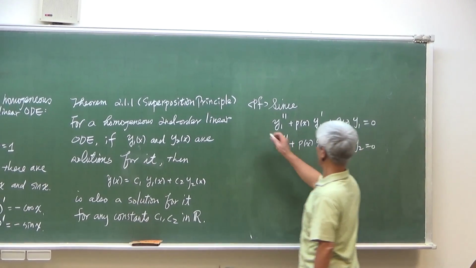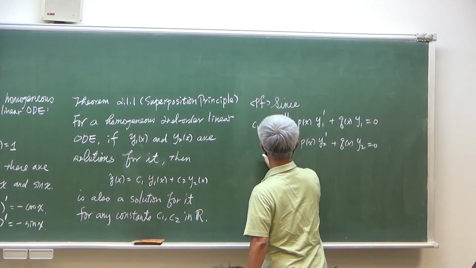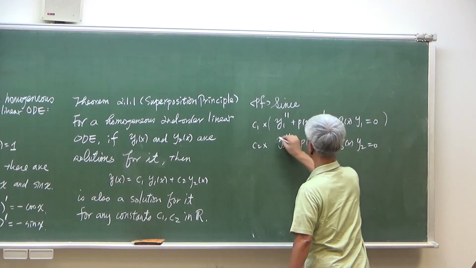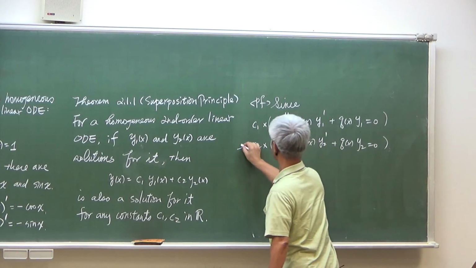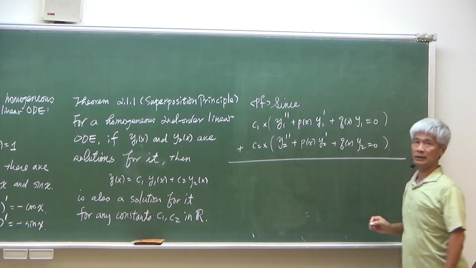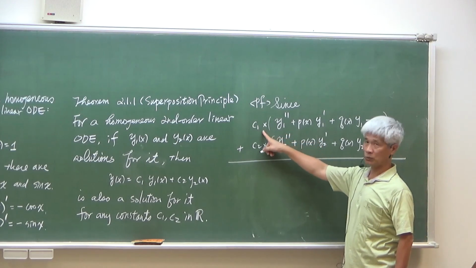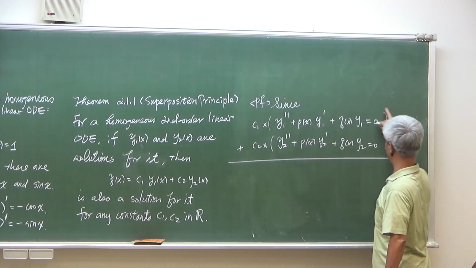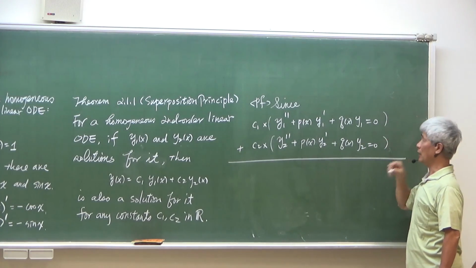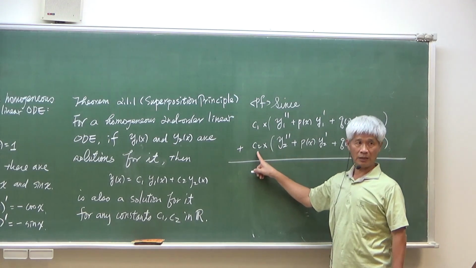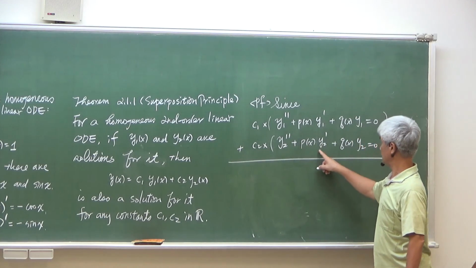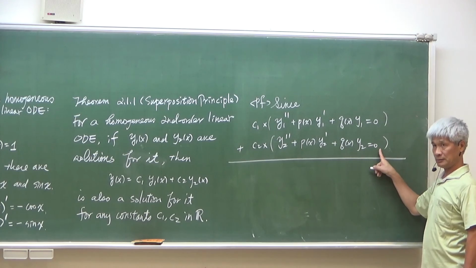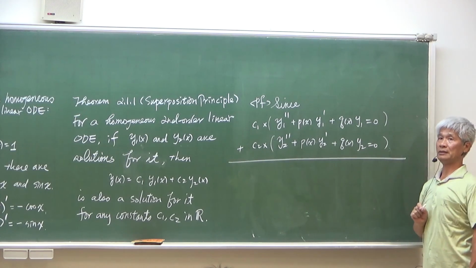Now, we multiply a constant C1 on both sides, the left hand side and the right hand side. Also, we multiply a constant C2 on the left hand side here and the right hand side. And then we add them together.